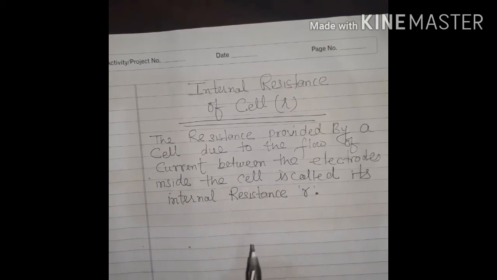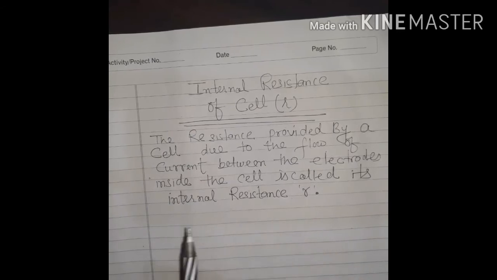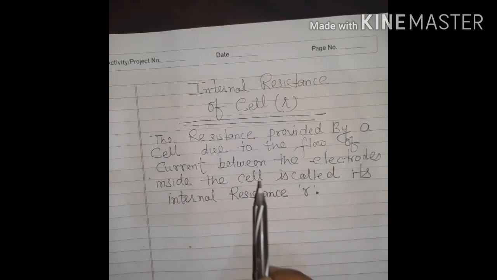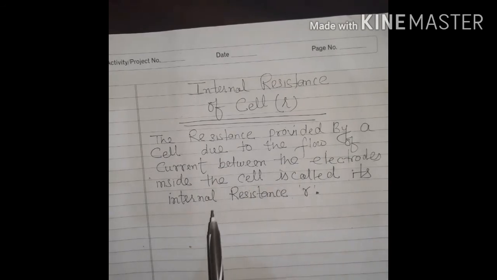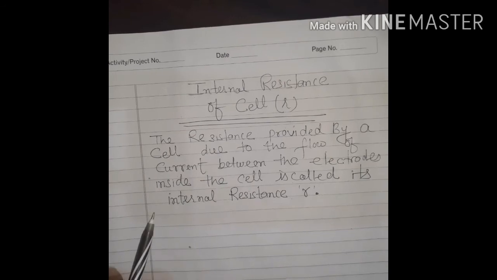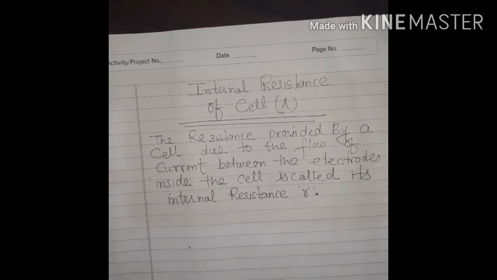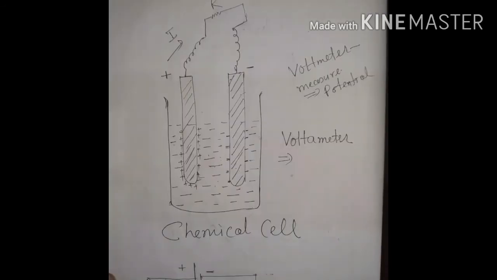So this flow of current is opposed by something, and obviously there are factors that will affect it. That resistance, or that hindrance provided by the cell to the flow of the ions inside the chemical cell.